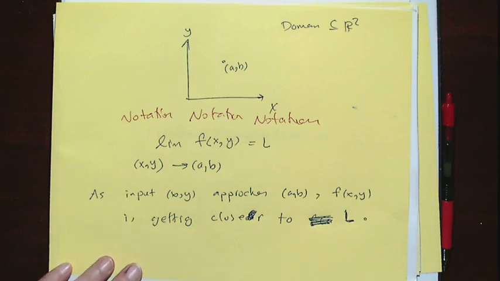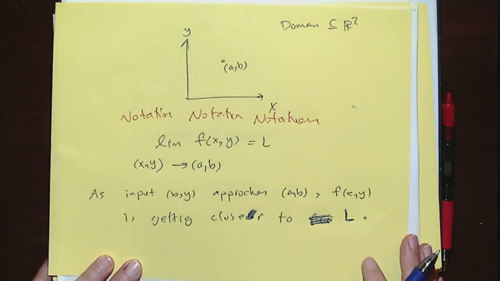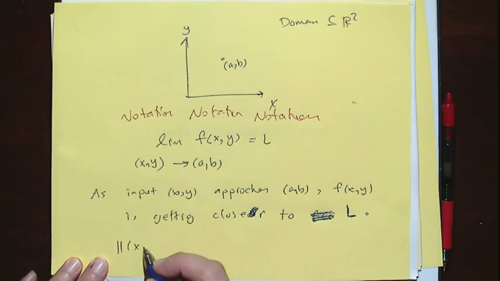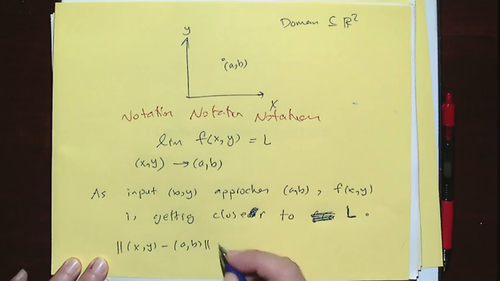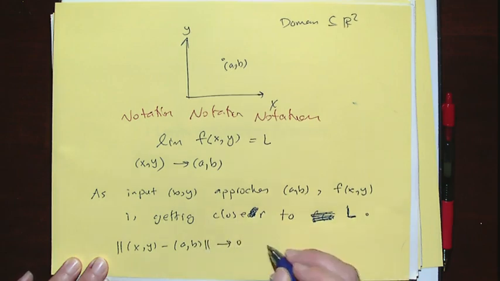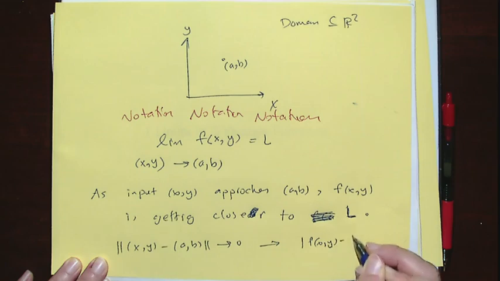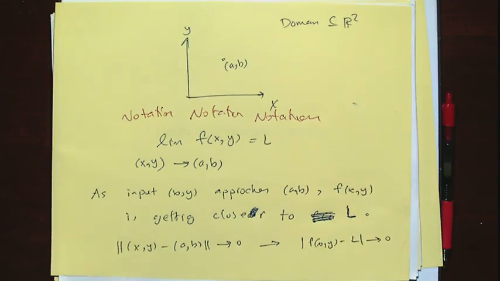Sorry about the two things that I had to scratch out. Again, when the magnitude of (x, y) minus (a, b), the distance between the two of them, approaches 0, it implies that f of x and y minus L is approaching 0.